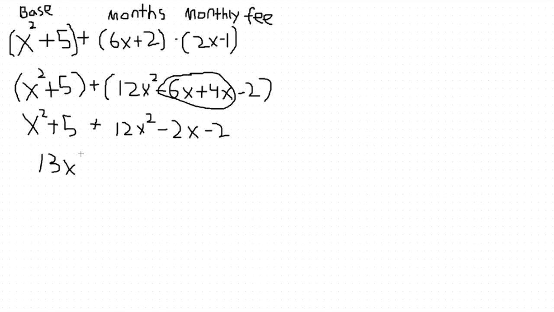And then there's nothing to combine with the negative 2x. It's the only term that is just at x. And then we have the base terms that we can combine for positive 3. 5 plus negative 2 is 3. And that is the total amount that Jack and Jill have paid on their car insurance so far, and that concludes the third problem.